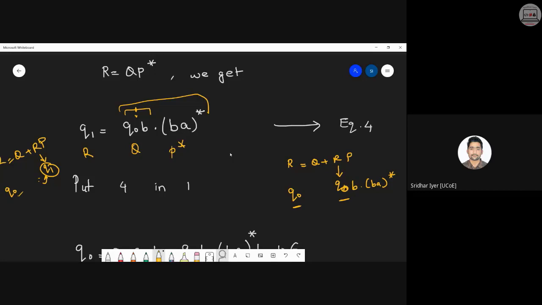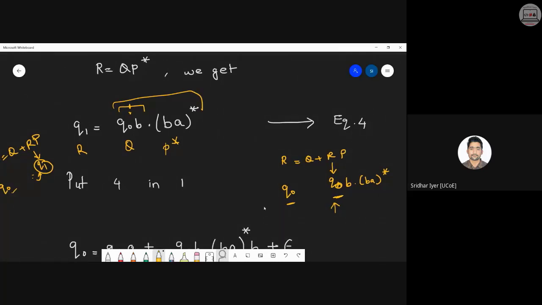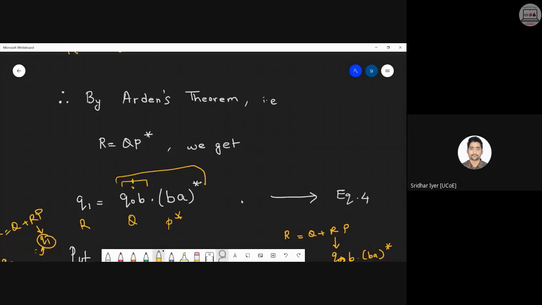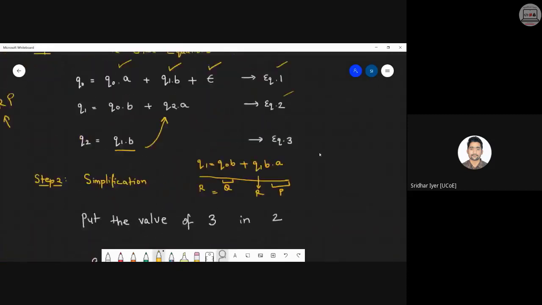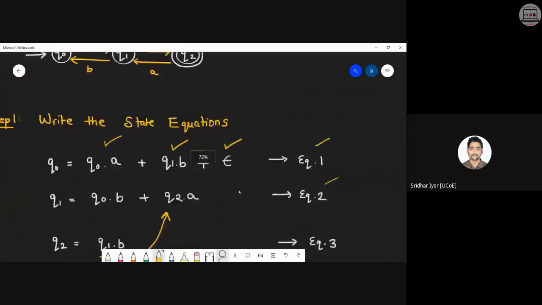Because any equation we have to convert into the R is equal to Q plus RP format. So try to find an equation which has Q1 on the right hand side, which can be replaced by this Q0 term. I found out that if I put equation number 4 in equation number 1, we get such a result. Let's check. Yes, this is equation number 1.